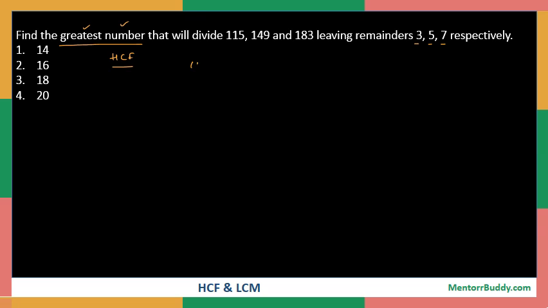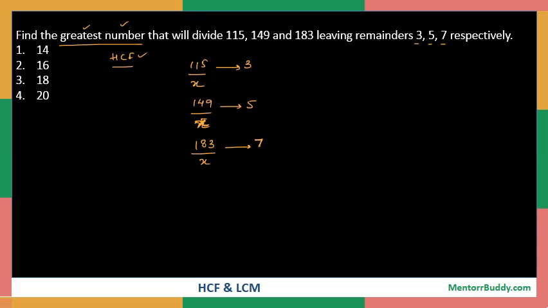So if I say 115 divided by a number x leaves a remainder 3, similarly 149 divided by the same number x leaves the remainder 5, and 183 divided by the same number leaves the remainder 7. So we know that the question is based on HCF and we'll be required to take the HCF.